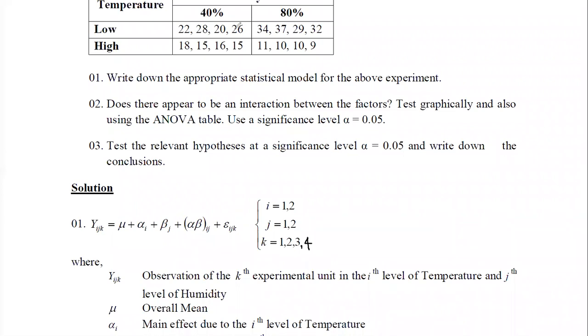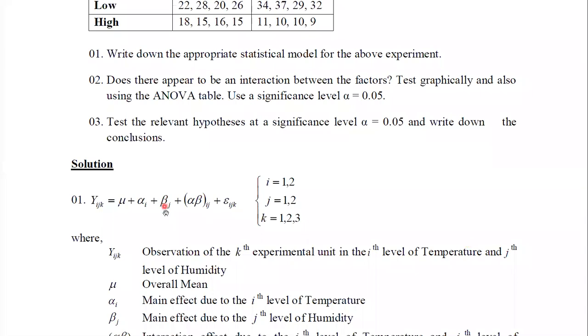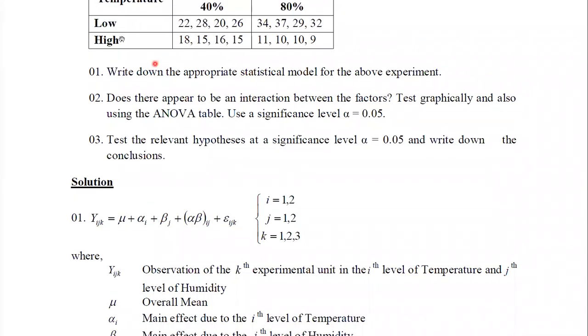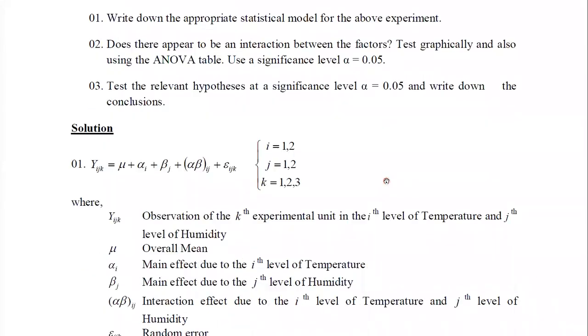Yijk is the observation of the kth experimental unit in the ith level of temperature and jth level of humidity.